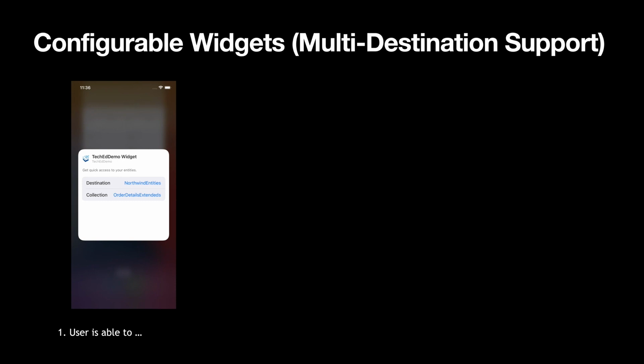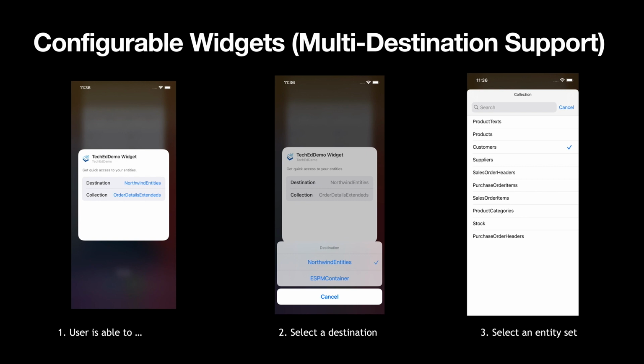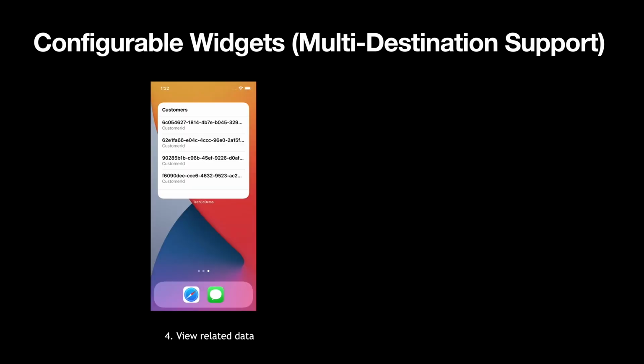So the iOS project with the generated code allows a user to select a destination for the widget, then allows the user to select an entity set from that selected destination, and will render the top 4 entries for this entity set in a SwiftUI view, which shows the technical key as well as the label for that technical key.